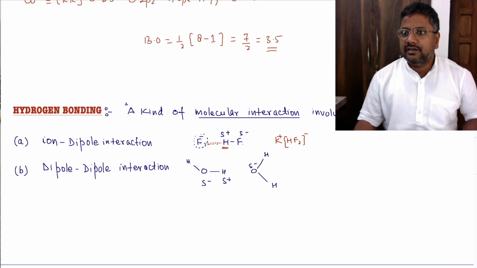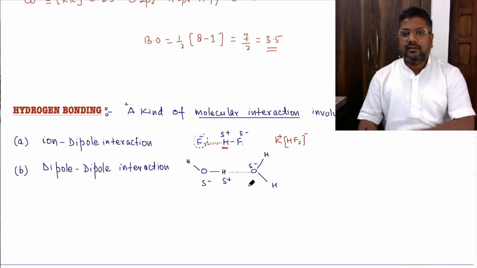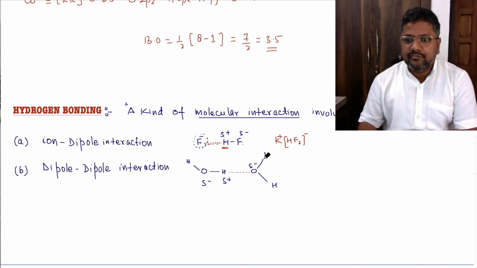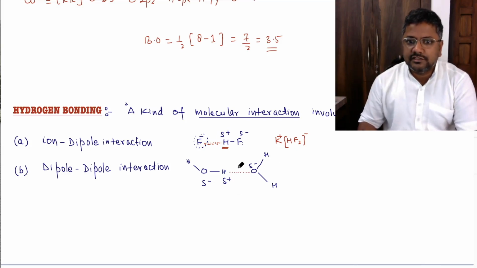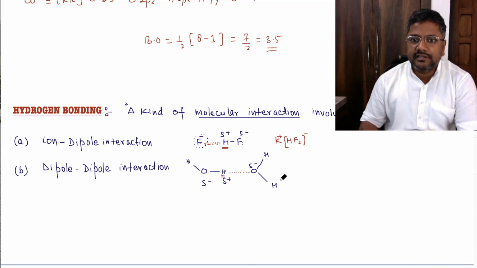So some kind of interaction is also here between these two. So this is called dipole interaction. This is also a hydrogen bond because this involves hydrogen, right?